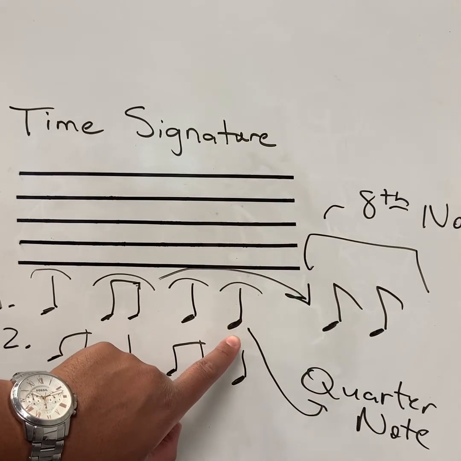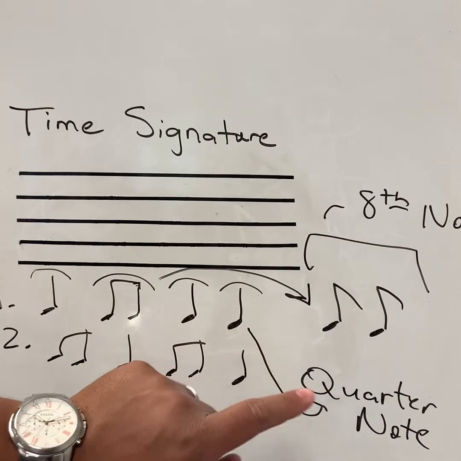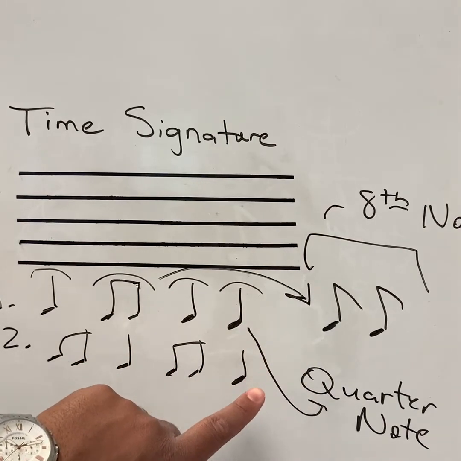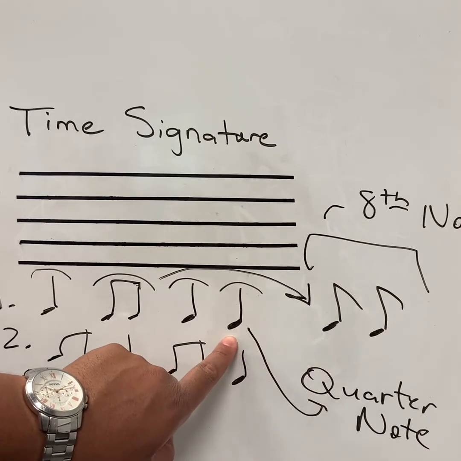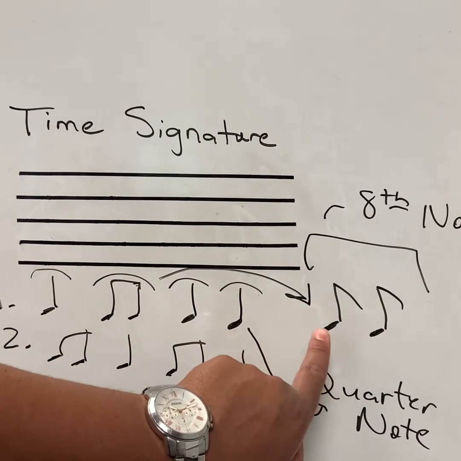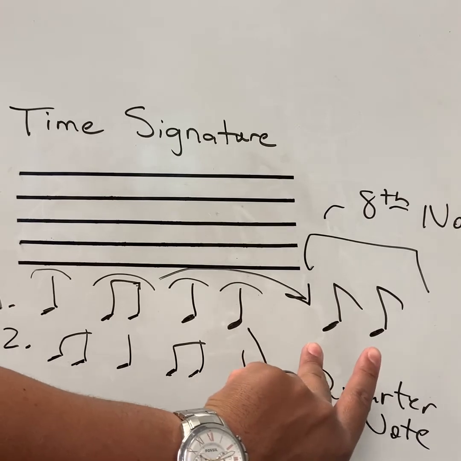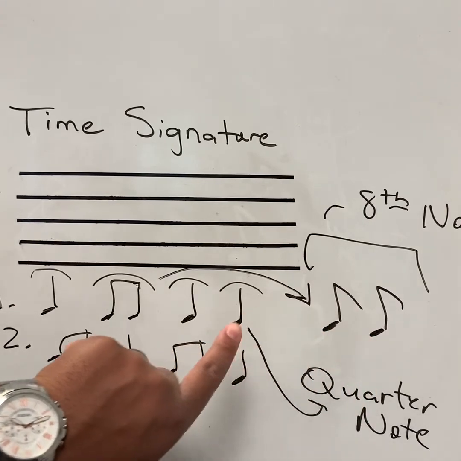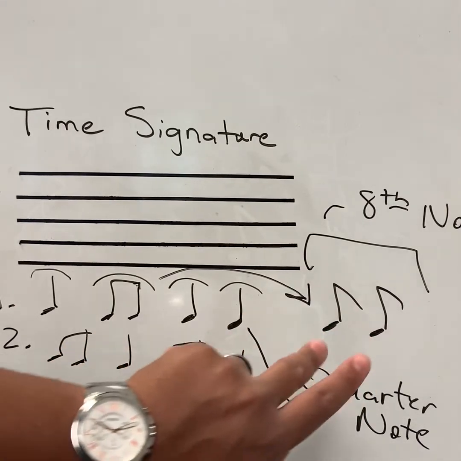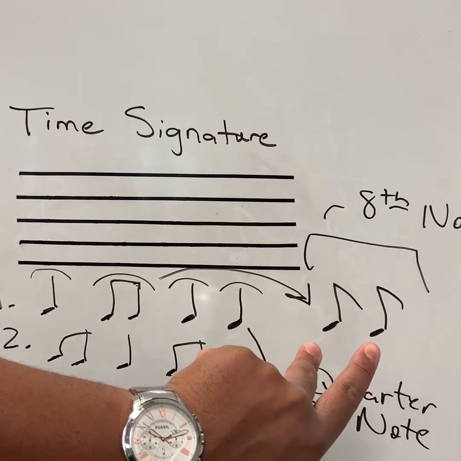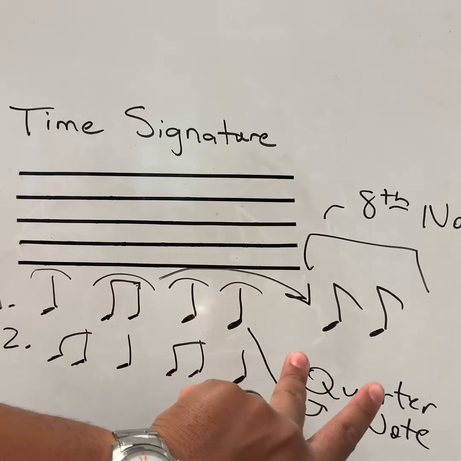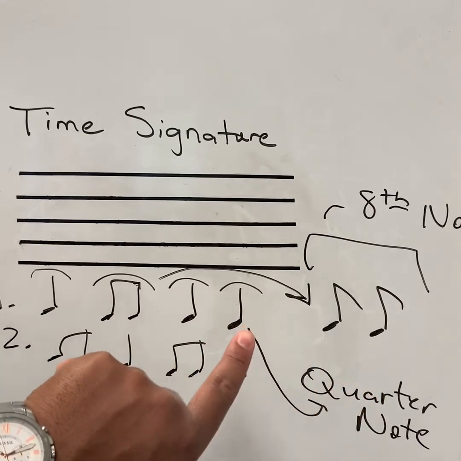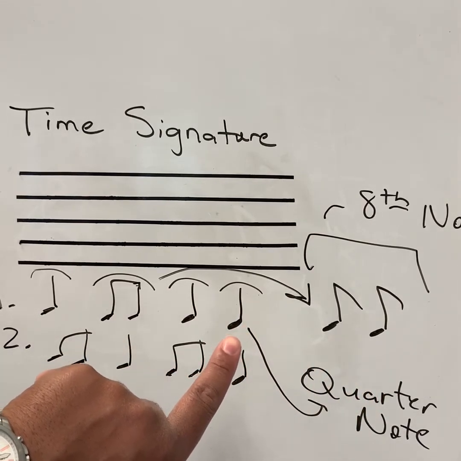So if I were to try to make the beat equivalent, which means if I were to try to get one beat, like I have one beat from this quarter note, from these two, I would need both of them to make a beat because they are smaller than that. It takes two eighth notes to make one quarter note. Again, it takes two eighth notes to make one quarter note. Okay?